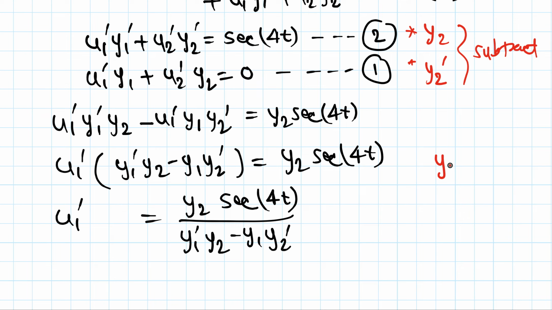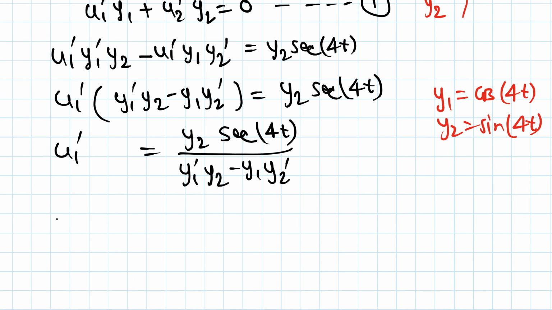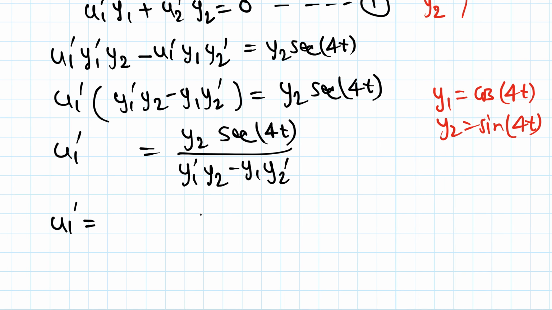Remember, y1 was cosine 4t and y2 was sine 4t. So let's use them here. So u1 prime is now, y2 is sine 4t. Secant 4t is, in fact, the reciprocal of cosine, so we can write, if we like, 1 over cosine 4t.